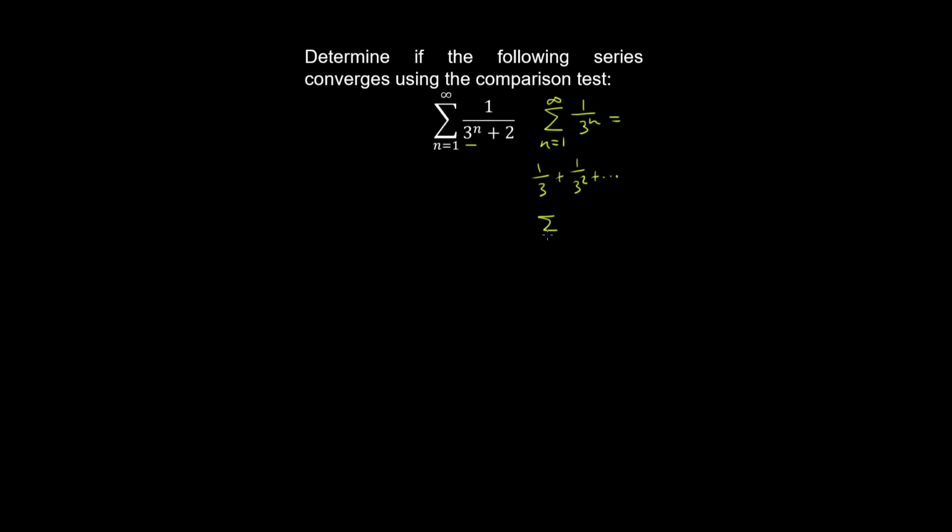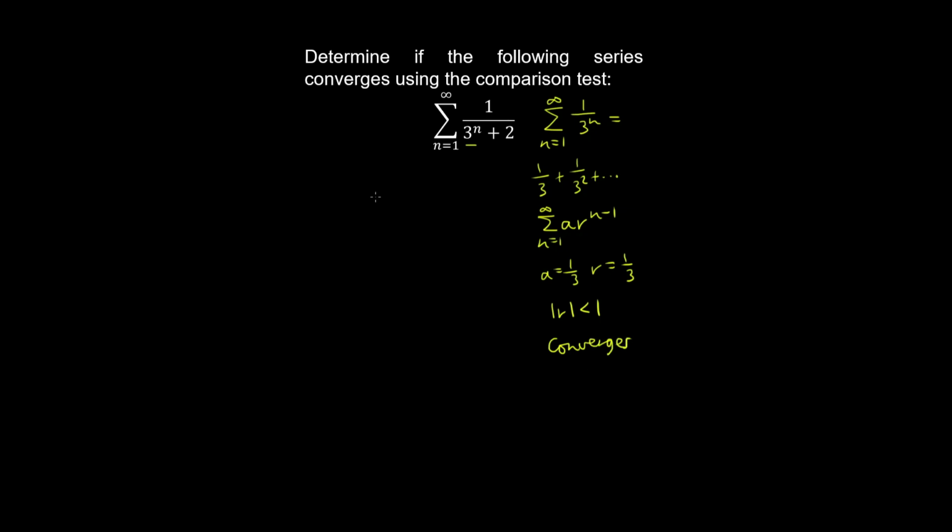So the general form of the geometric series is as follows, where a is equal to 1/3, and the ratio r is also equal to 1/3. So because the absolute value of the ratio is less than 1, then this geometric series converges.